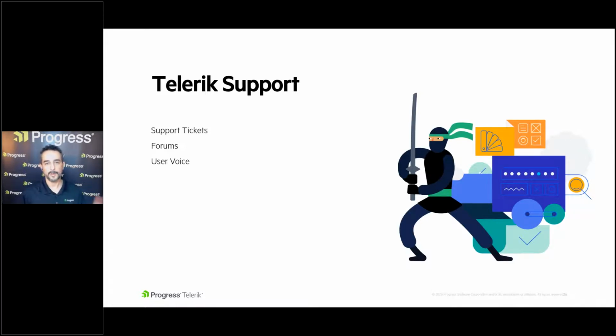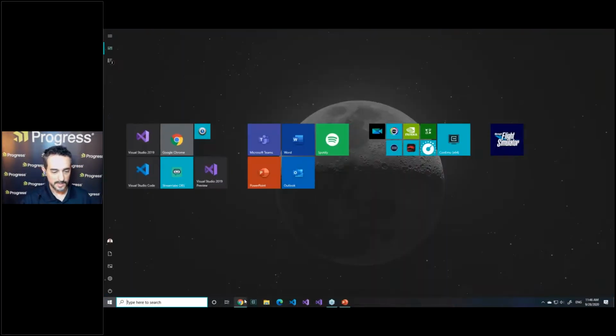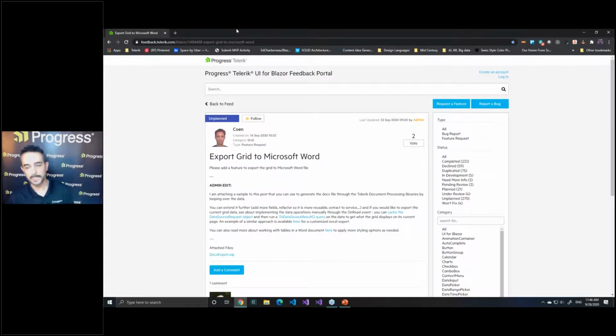We also have our public-facing forums and user voice that Sam told you about, feedback.telerik.com. So I just wanted to show a quick example of some of the stuff that comes up in some of those support scenarios.